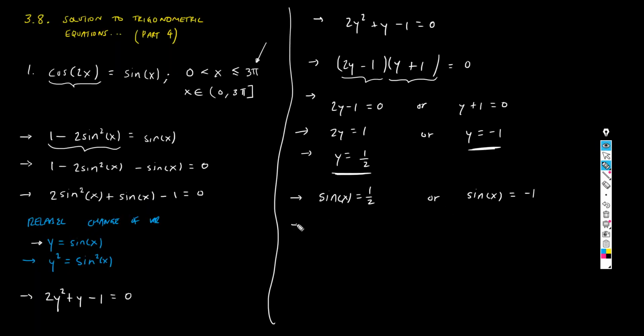Then we have that x must be equal to pi over 6, or x must be equal to 5 pi over 6. And for what x do I have that sine of x equals minus 1? Well, for 3 pi over 2.